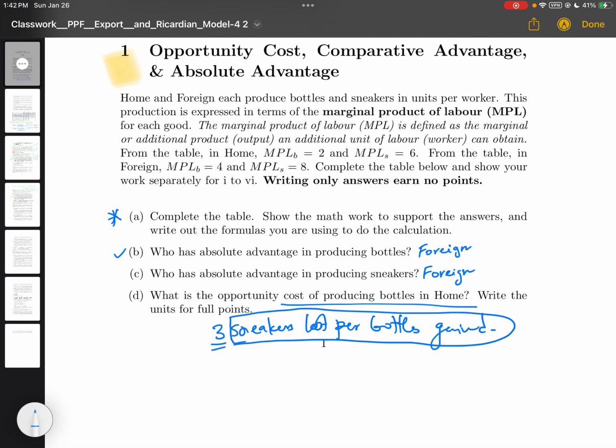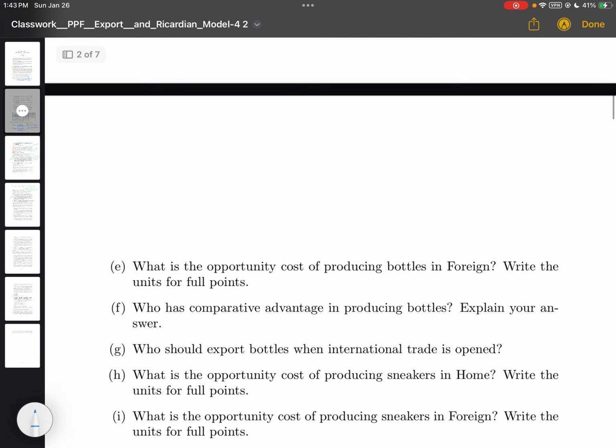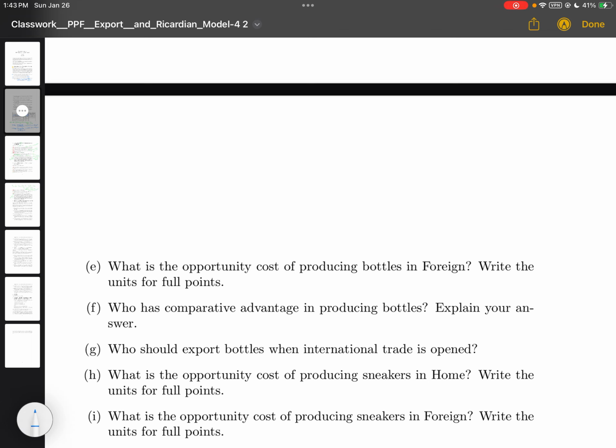Check B, C, and D. We are not done doing A, and you'll see soon. All right, the opportunity cost of producing bottles in foreign, that was 2 sneakers lost per bottles gained. And the full unit is sneakers lost per bottles gained.